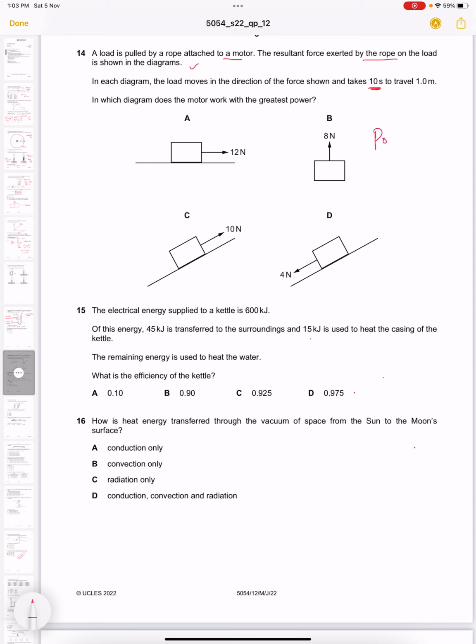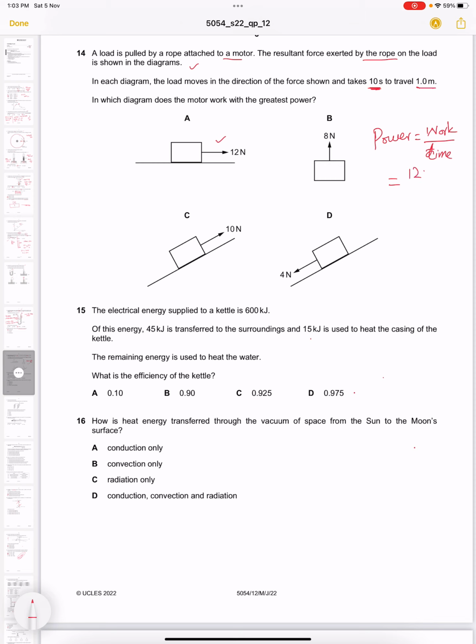The formula to calculate power is work done over time, right? So work done over time, the distance is same everywhere, it is 1 meter. So definitely we will try the greatest force, which is 12 Newton.